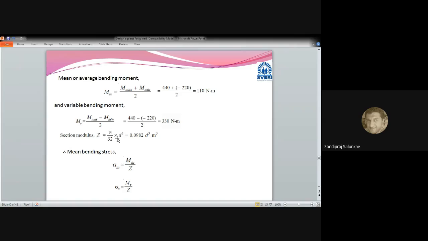So that is the section modulus, and that value in terms of d is 0.0982 d cube. And that will obviously be in meter cube because it is a section modulus. Okay. Now, by considering this value, just calculate sigma m, that is the mean bending stress, and the average bending stress.